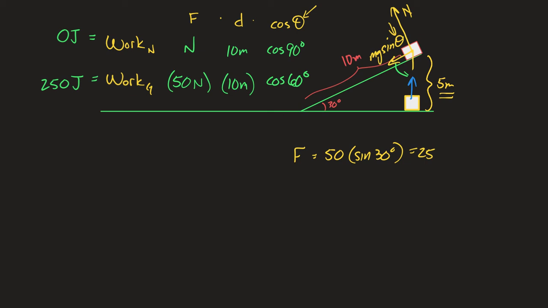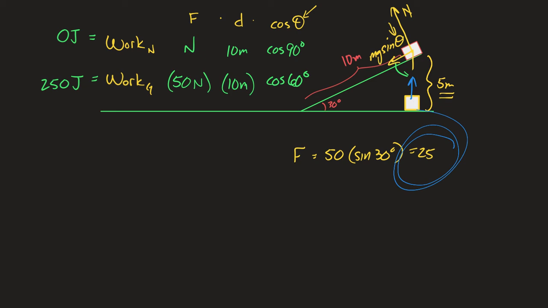So whether I lift the box straight up or I slide the box up the ramp, it takes 250 joules of energy. The difference is I can push with a lot less force if I slide it up the ramp. It's half the amount of force than if I lift it straight up. It weighs 50 newtons. But if I slide it up the ramp, I only have to push with 25 newtons.